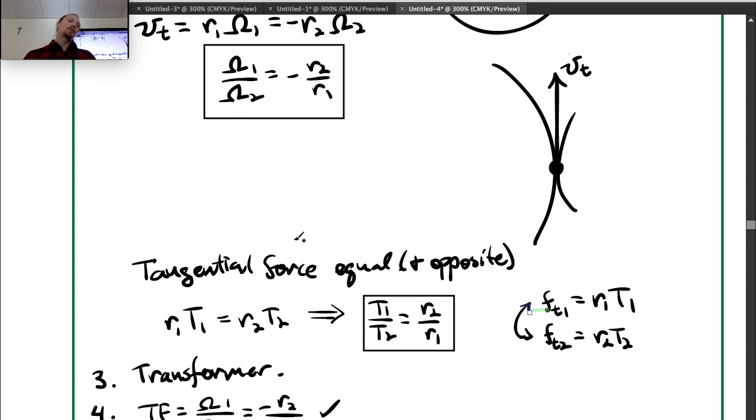I skipped that step. Torque is in SI units a Newton meter, right? You divide that by a radius, and you will get a Newton, so you get force.